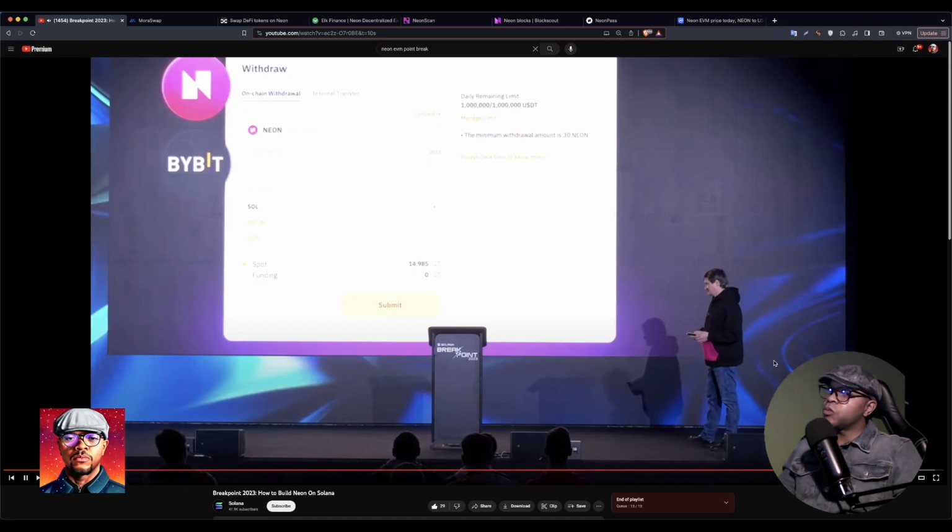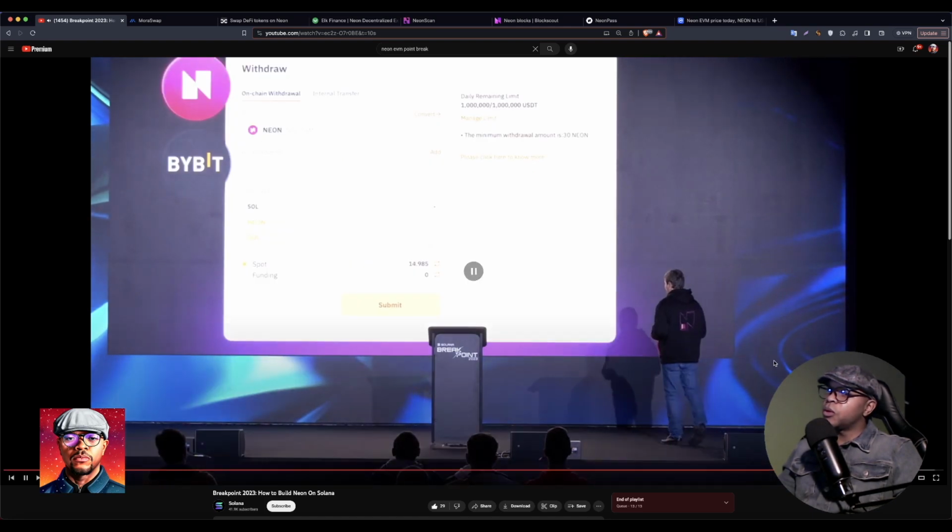Now that's pretty cool, because you're going to be able to use Neon EVM to sign ERC20 transactions. So you're going to save on gas fees as well. Wow. So Ledger definitely sees the value in working with Neon EVM, even at this stage.